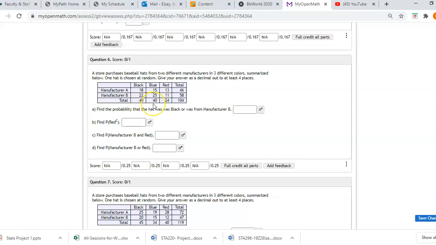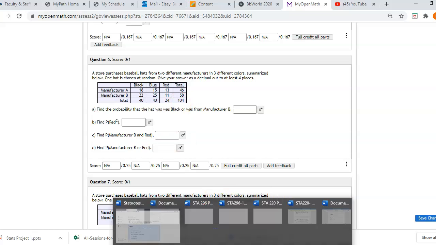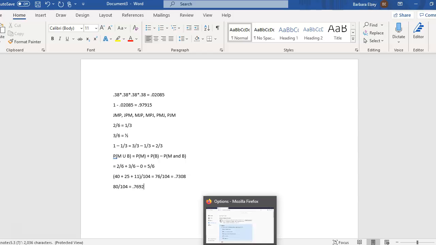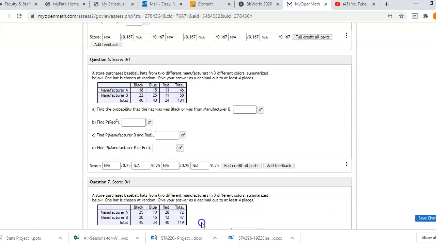So there's 80 black and blue hats out of 104. So 80 out of 104. Again, we can stick that into our calculator. That ends up giving us 0.7692.